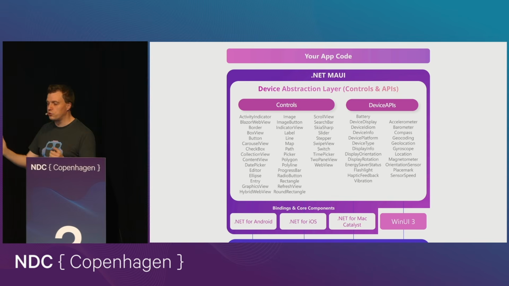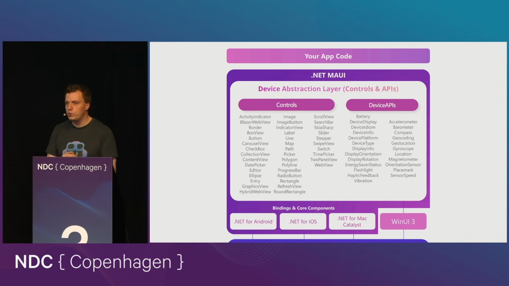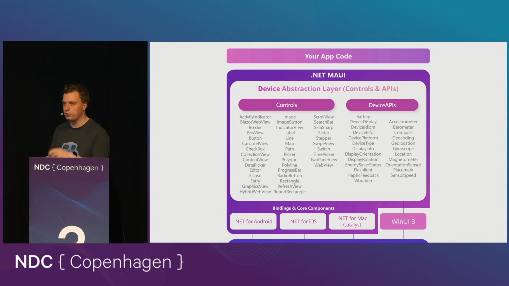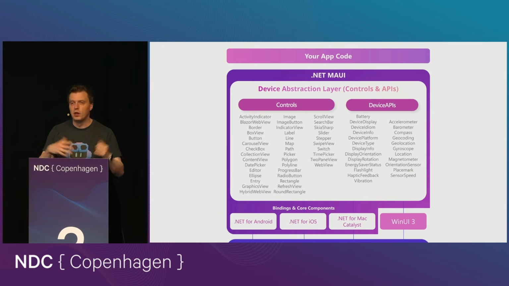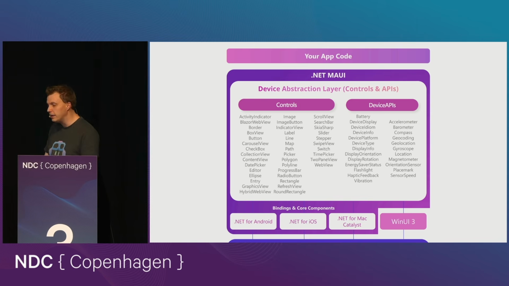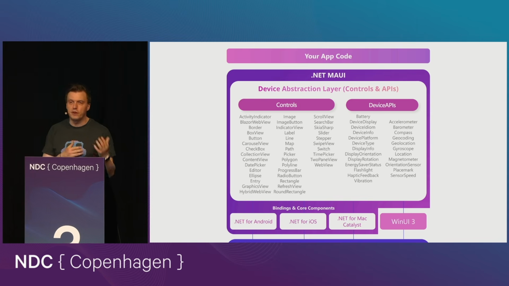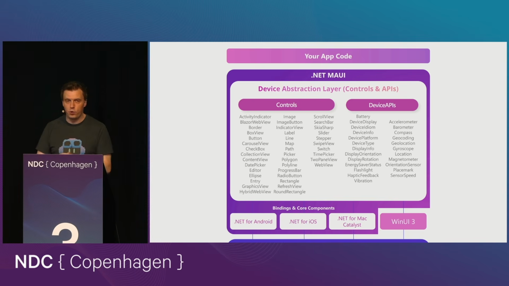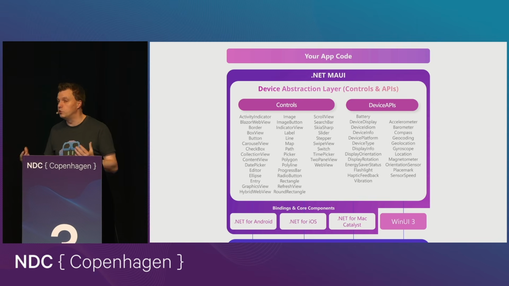.NET MAUI has this great abstraction layer, so we take care of all the hard work for you. We build wrappers for everything on Android, everything on iOS. Windows was easy, we already had that. Then we have controls and device APIs, and underneath, the wrappers for Android, iOS, Mac Catalyst, and WinUI we get for free because that was C# and .NET anyway.